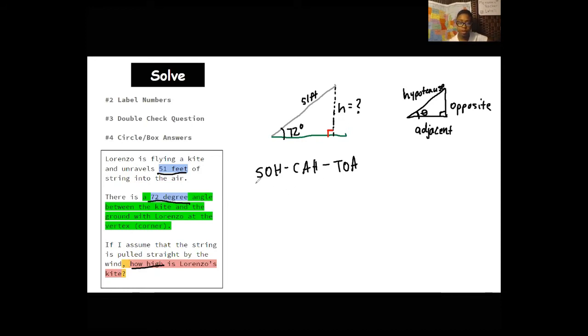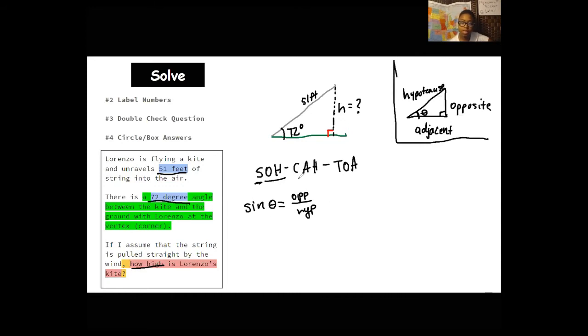So for S, that would give us sine theta, and then the next two letters are the ratio or the fraction that is being created. So this would be opposite over hypotenuse. And as you look back at the right triangle model, you can see here's opposite and here's hypotenuse, okay?